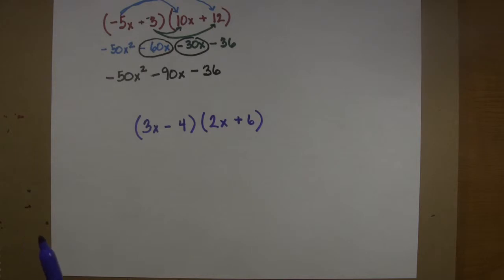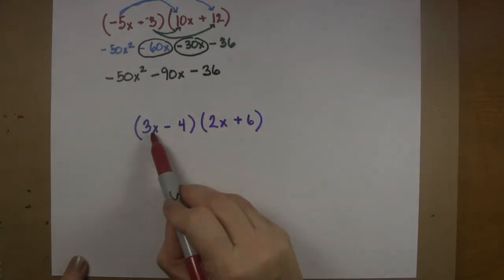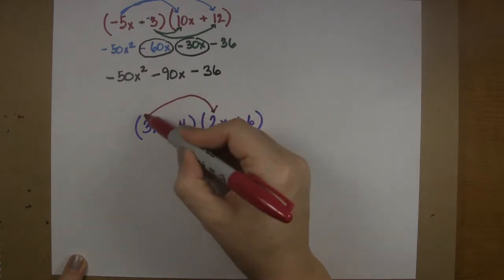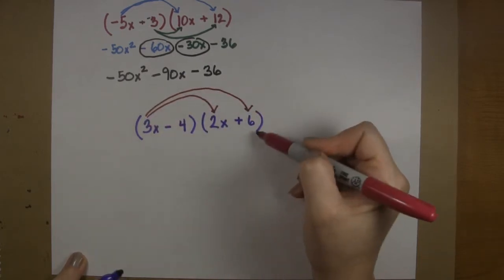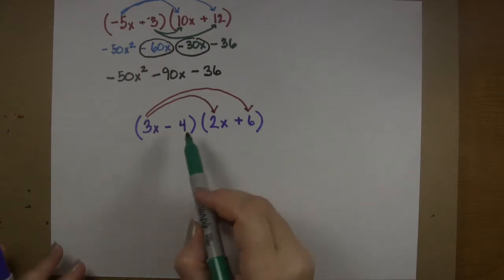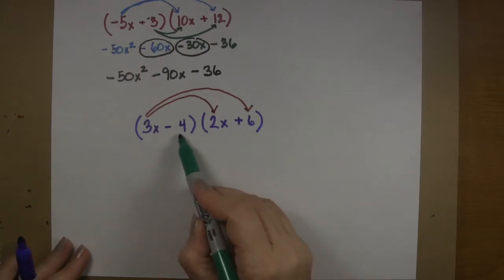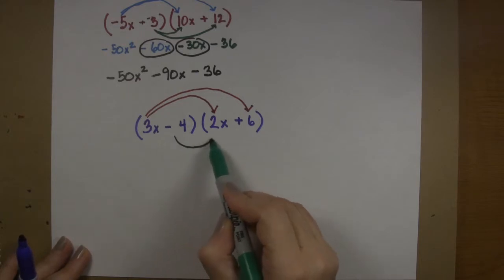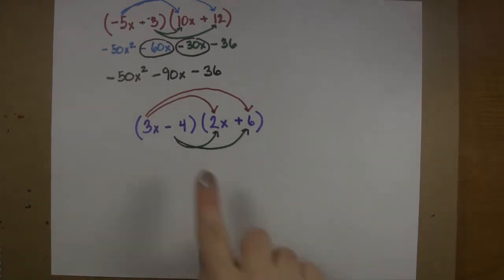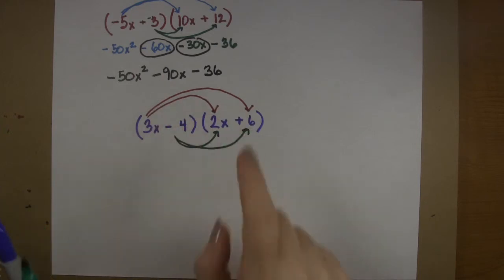So our first step would be to go with our first term and multiply it over both terms over here. Our second step would be to take the second term, which is a -4, and multiply that over here, right? So first we do these two, then we do these two.